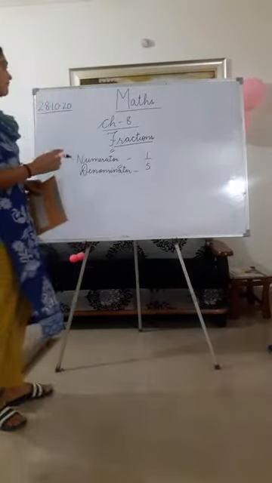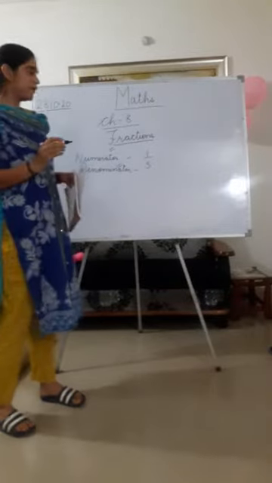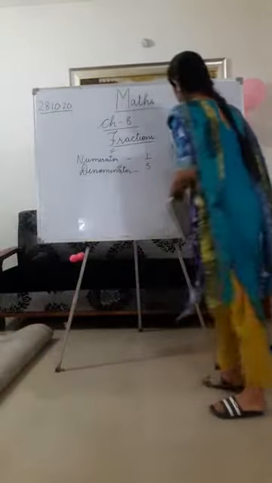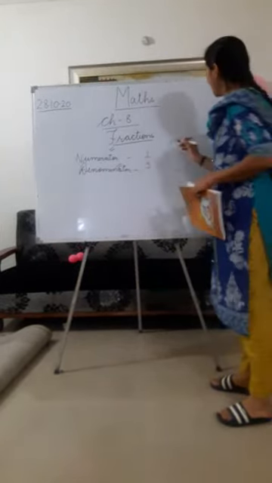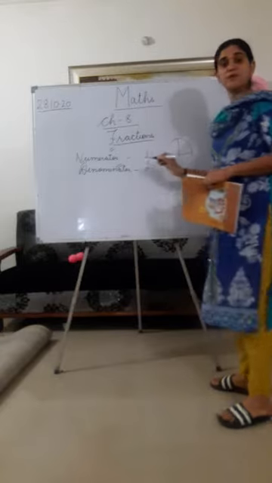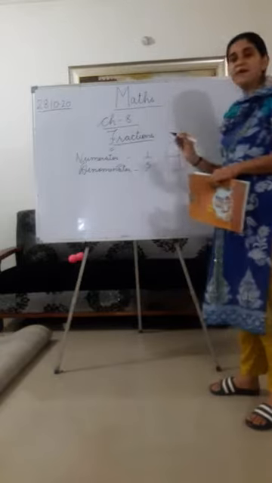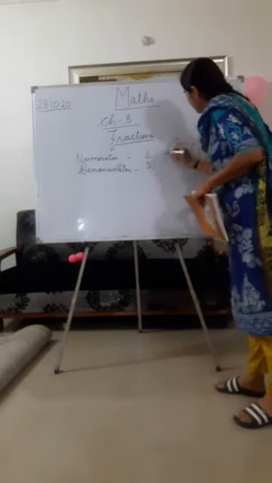Okay. So, if we have to find out the fraction of shaded part, how will we find it? Let's take an example of a circle. In a circle, suppose there are total parts 1, 2, 3 and 4. Total number of parts are 4.